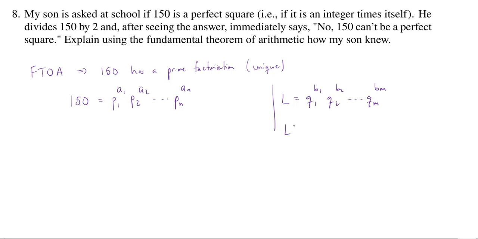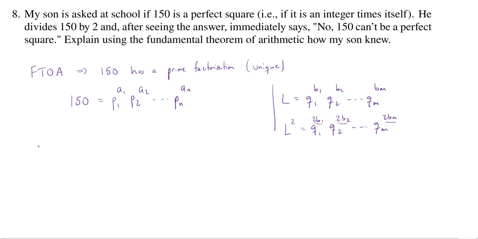And if I square this integer, I end up with Q1 to the 2 times B1 and Q2 to the 2 times B2, dot, dot, dot, Qm to the 2 times Bm. So when I square an integer, the result, when I look at the prime factorization, is going to be a prime factorization where all of the exponents are even.